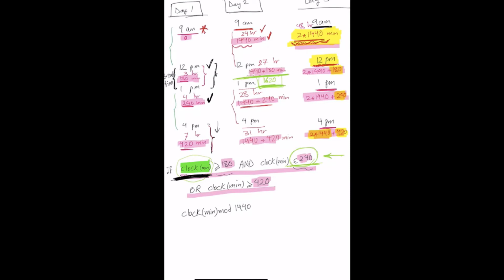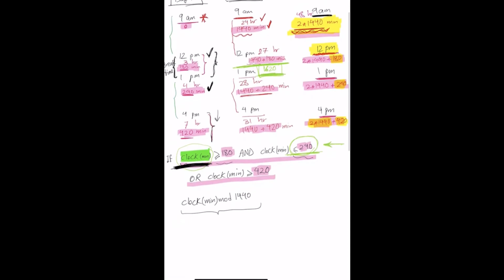If I'm at day 1 and I look at this function, let's assume I'm somewhere here, equivalent to minute 100. Then the simulation time returns 100 mod 1440, and that is going to be 100.